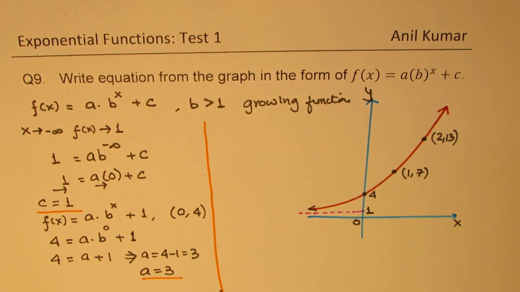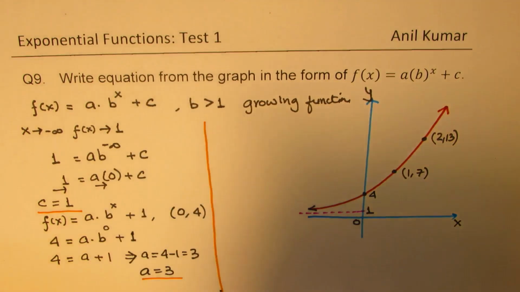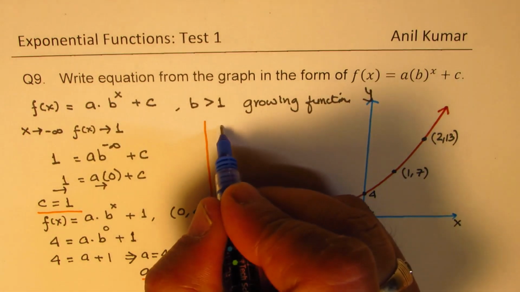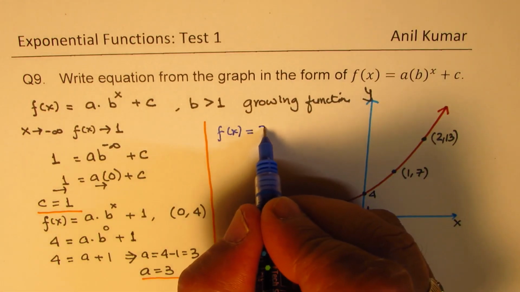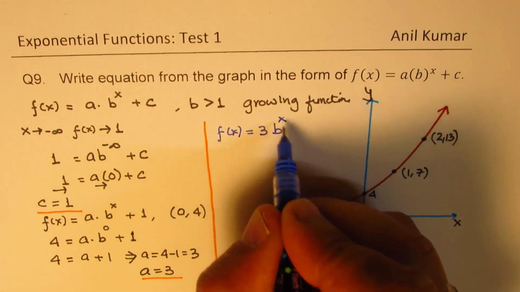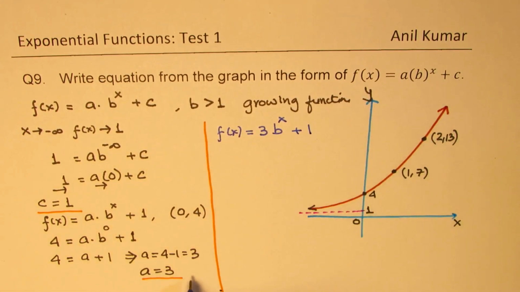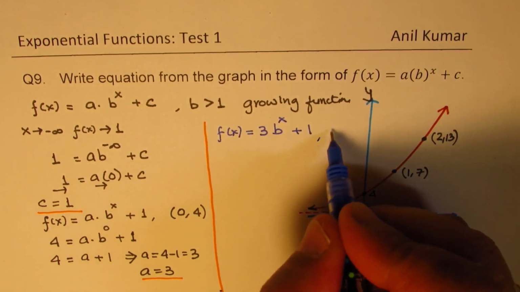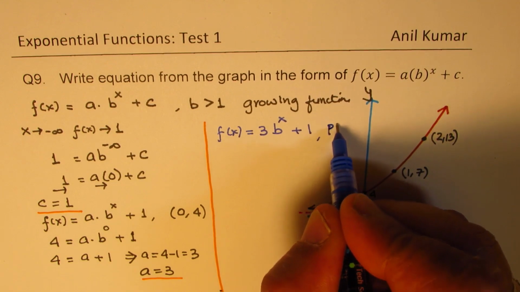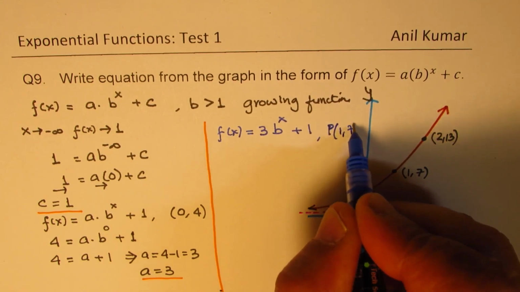Now let's continue to find the value of b. So now we have the function f of x, which we can write as 3 times b to the power of x plus 1, correct? From these two conditions, let's use the next point 1 and 7. Let's call this point P as (1, 7).